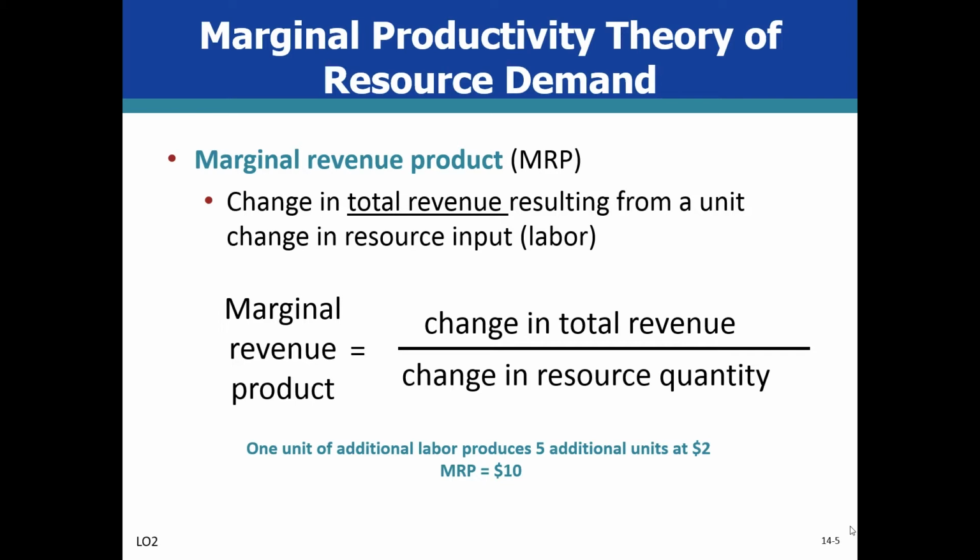As you add more and more labor to a fixed level of capital, each incremental person that's hired does not produce the same output as the previous people that are already employed. We're going to see that in a moment. The marginal revenue product, that is the change in total revenue resulting from a resource change, will give us direction on how many people to hire.